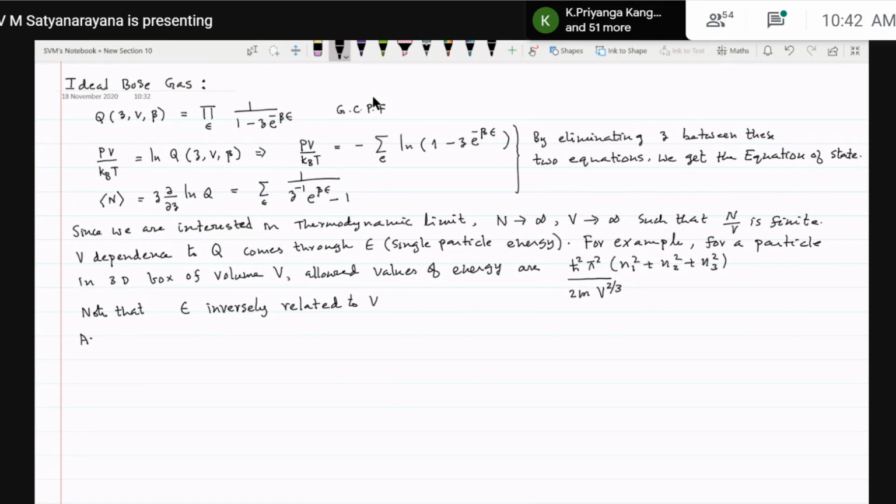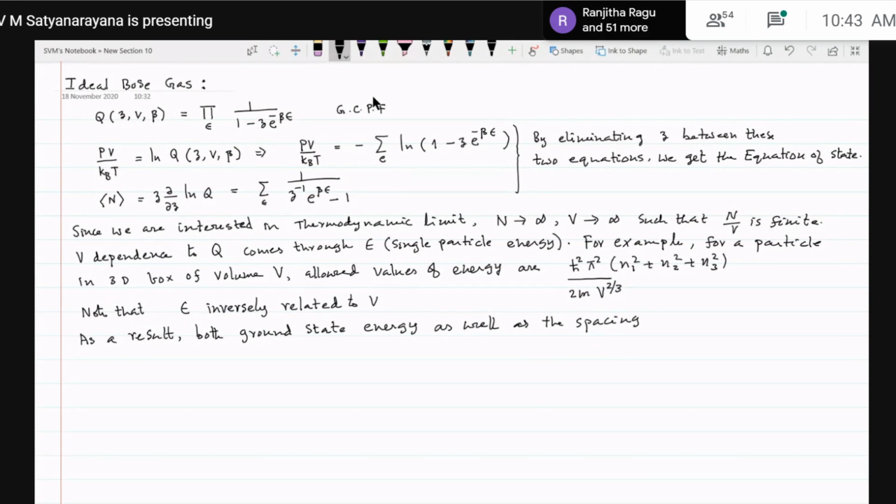So as a result, both the ground state energy as well as the spacing between the levels go to 0 as V tends to infinity.